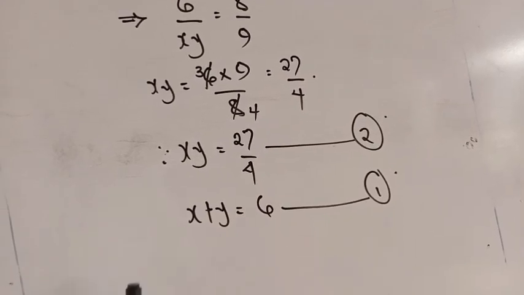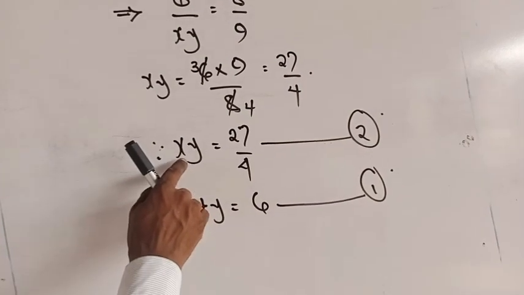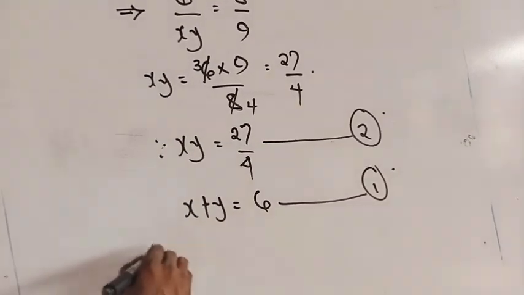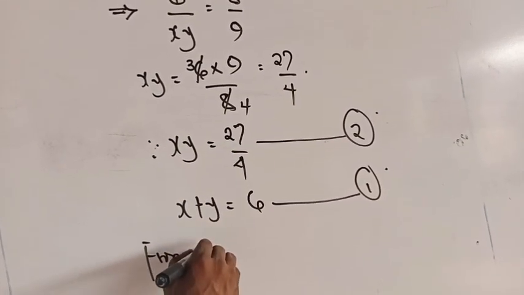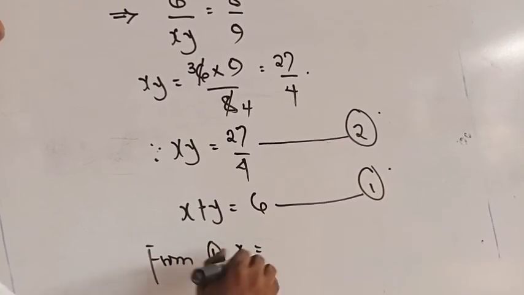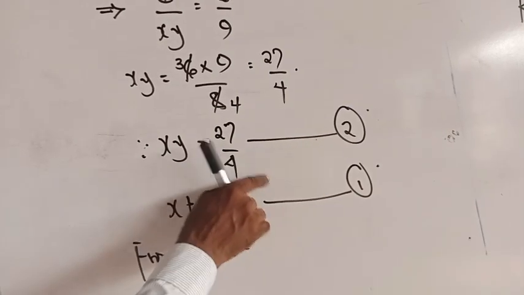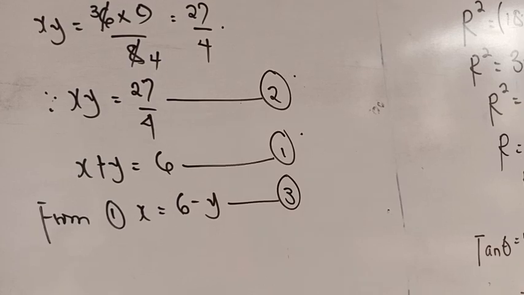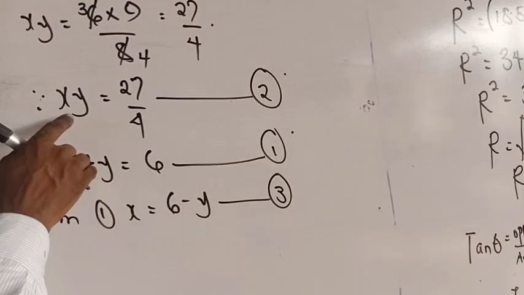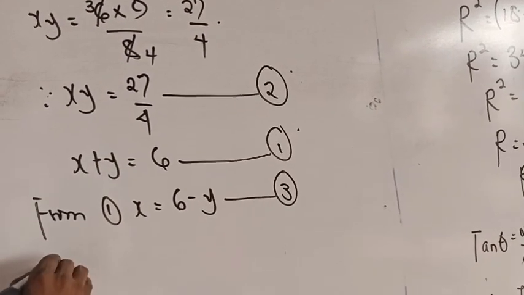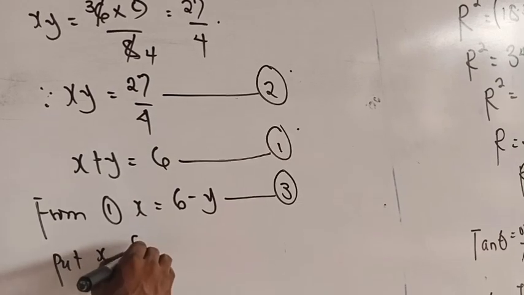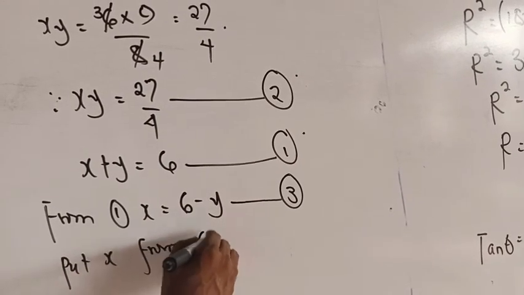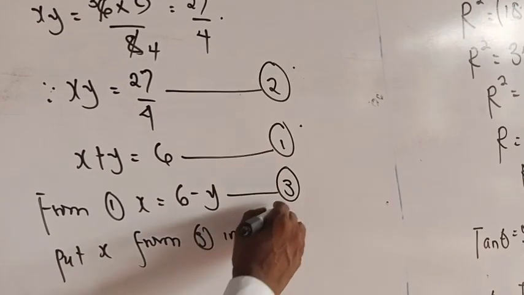So let's consider equation 1. From 1, I'm making X the subject of the formula, which means Y has to leave. X is now 6 minus Y, my equation 3. That's why I'm classifying it as equation 3. So let's substitute this X into equation 2. Put X from 3 into 2.